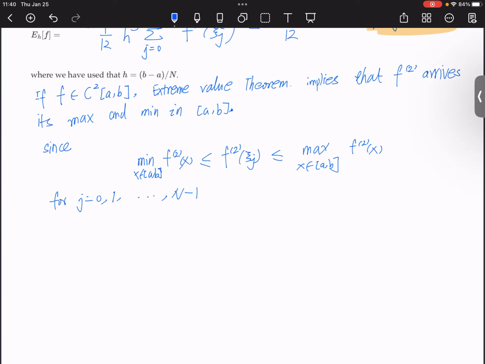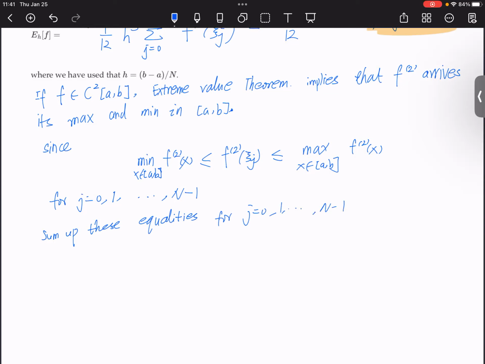So I'm going to sum up all these different j inequalities here, for j equals 0, then 1, and then up to n minus 1.